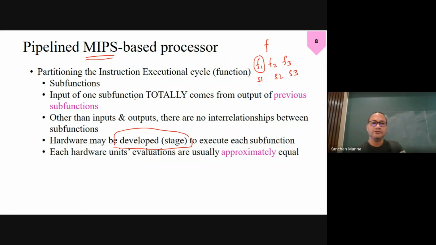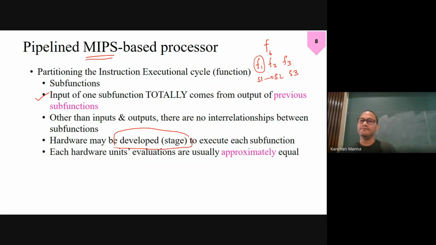Now this point is saying that the input to the sub-function totally comes from the output of the previous sub-function. So in this case, this is the second sub-function or stage, and all the input would come from this stage only. But we'll see also that input can come from the previous stage, from here also.